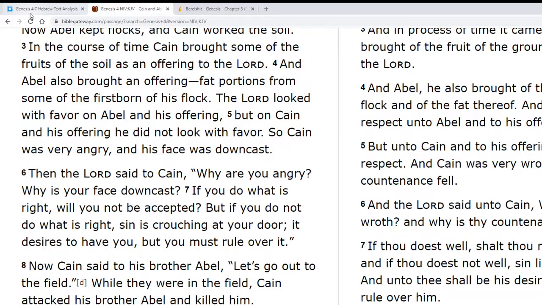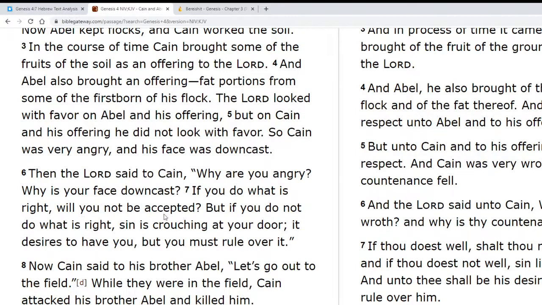Let's see how King James translates verse 7. If thou doest well, shalt thou not be accepted? And if thou doest not well, sin lieth at the door, and unto thee shall be his desire, talking about sin, and thou shalt rule over him.